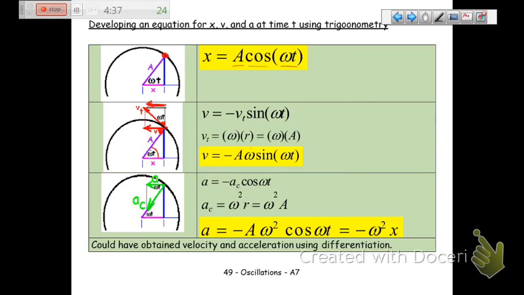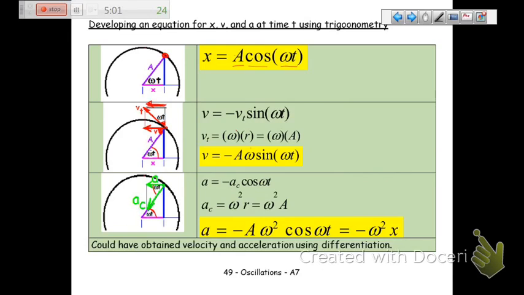Okay. And then down here, I say my acceleration is the horizontal component of the centripetal acceleration. If that's omega t, then that's omega t. I want an adjacent, I have a hypotenuse. So my acceleration is equal to minus AC, the hypotenuse, times cosine omega t.